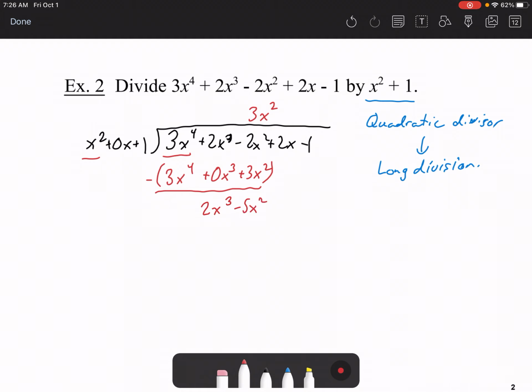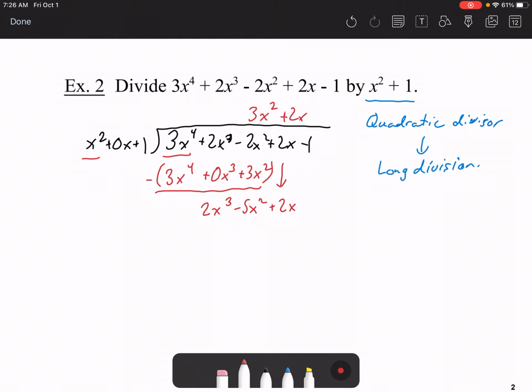So in order to continue on, you need to have 3 terms in your expression. So this must be a 2x here. And again, you start all over. So you look at the x squared, you look at the 2x cubed, and you think to yourself, what must multiply to x squared to give me 2x cubed? That's 2x.